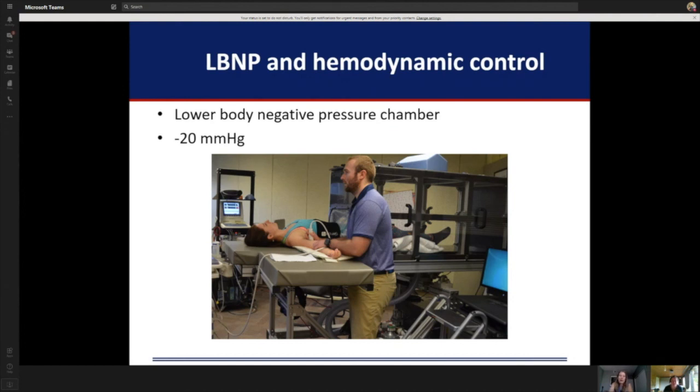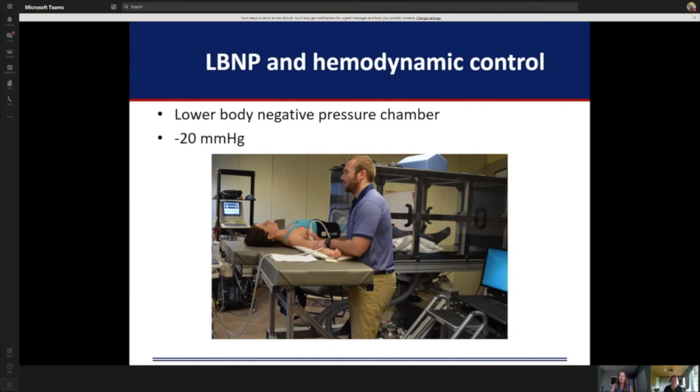In that box, we can manipulate the pressure. We can create a little bit of negative pressure, which then draws the blood to the legs and away from the body. But then to maintain blood pressure, your body has to respond with a sympathetic response to maintain it. You can actually measure that in the arteries in the arm, because that's where some of the blood gets drawn away from.